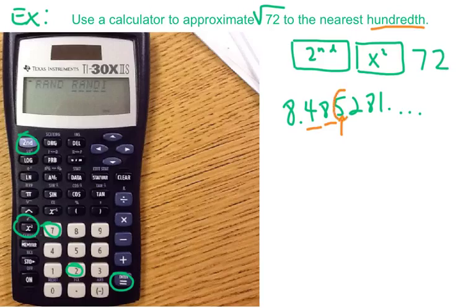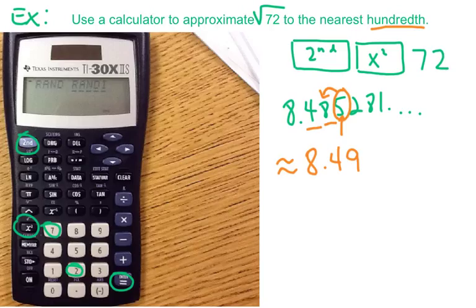When this number is 5 or greater, it makes the number to the left of it bump up to the next digit. So my answer, rounded to the nearest hundredth, is approximately, and that's what those squiggles mean, 8.49. So the square root of 72 is approximately 8.49.